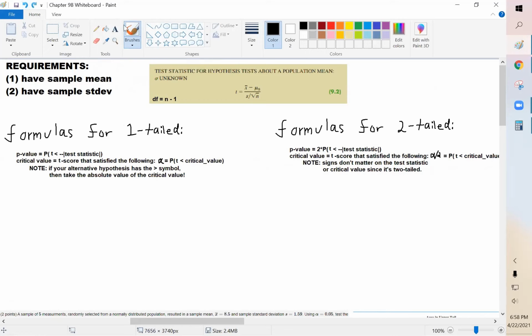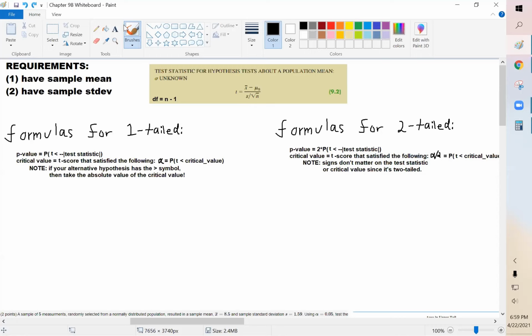So with our p-value, we still start out the same way. We take the negative of the absolute value of our t-score, our test statistic. Now, though, we have to find the probability of our t-value being less than that negative of the test statistic. And you'll notice this means now you need degrees of freedom. You recall the degrees of freedom is n-1.